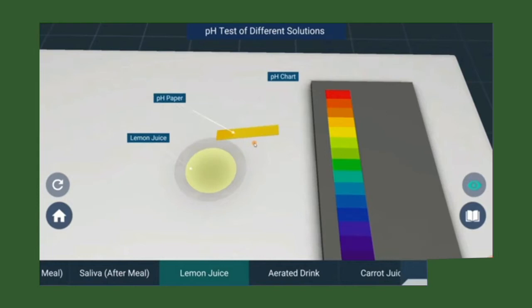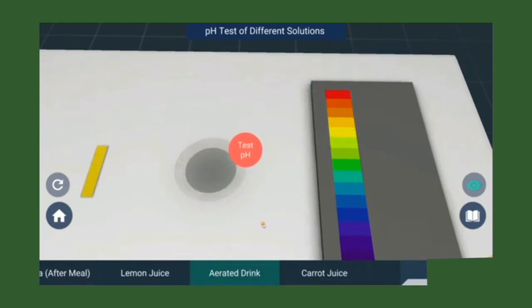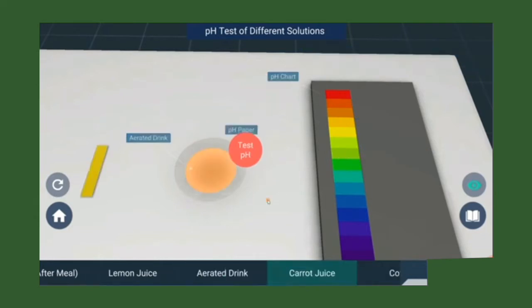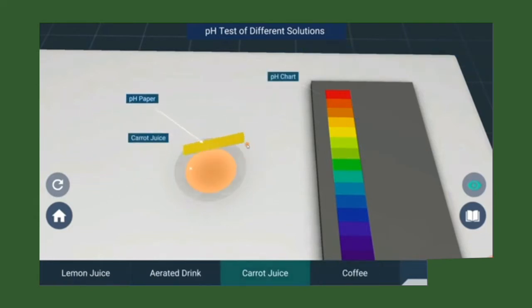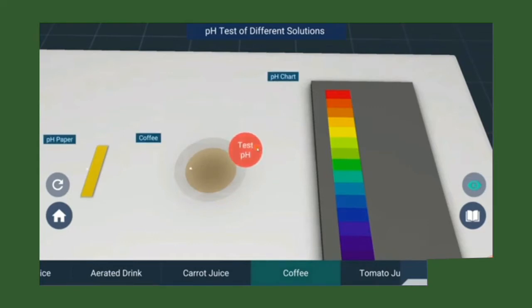The pH value for lemon juice is 2.5 and it is acidic in nature. Aerated drink has the pH value 6.0 and is also acidic. Carrot juice has the pH value 5.6 and is also acidic.